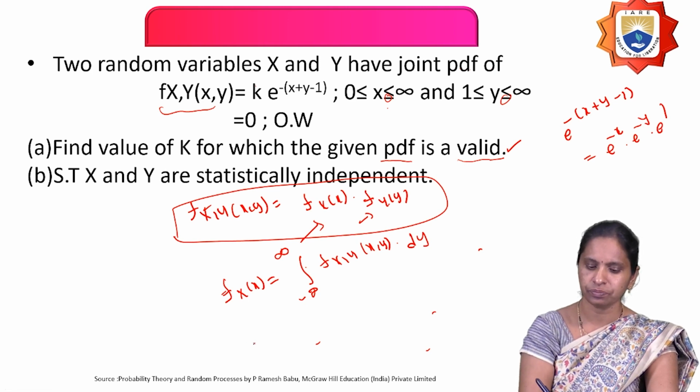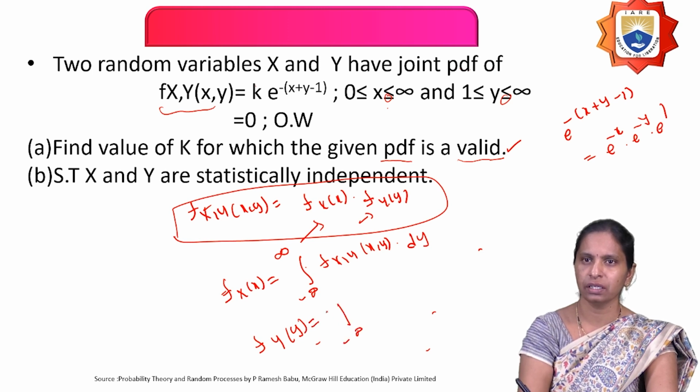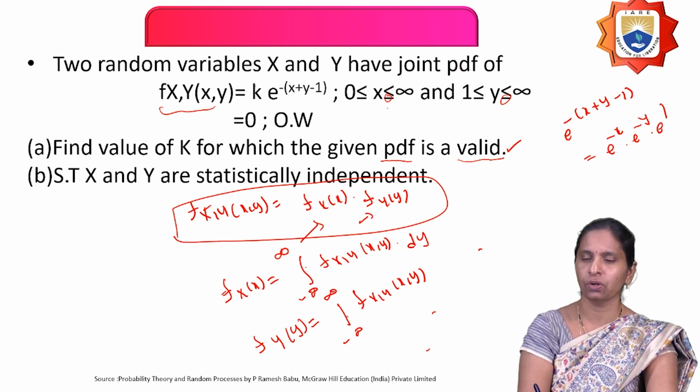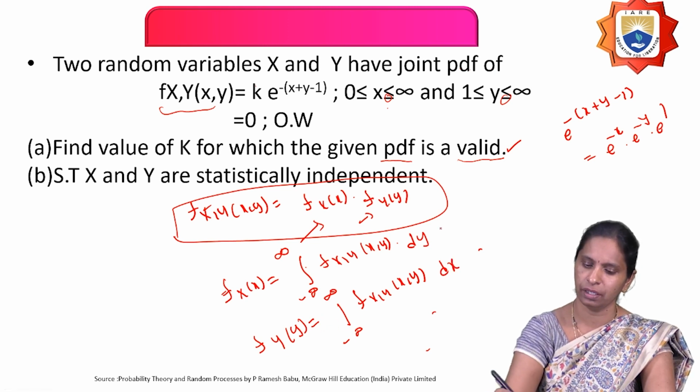And similarly, how can you calculate the marginal density function of the random variable y? Integration from minus infinity to infinity of fxy of x comma y. If you want the marginal density function of y, you have to integrate the joint density function with respect to the variable x over the limits minus infinity to infinity.